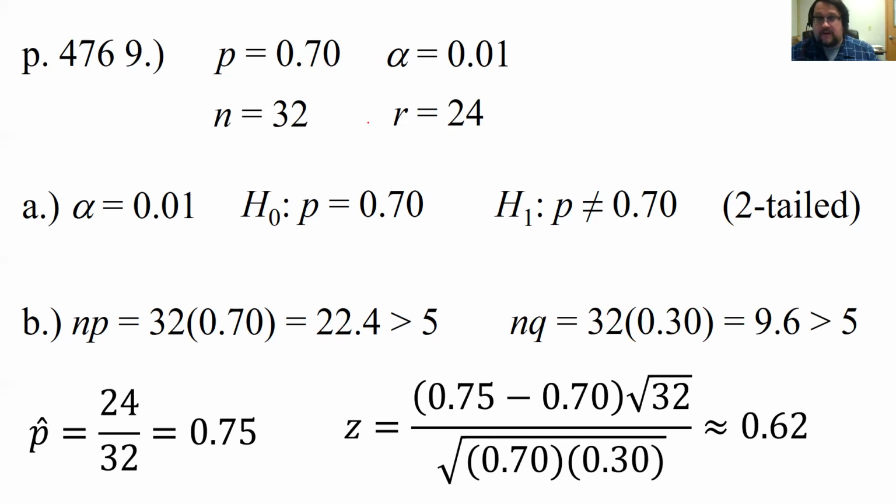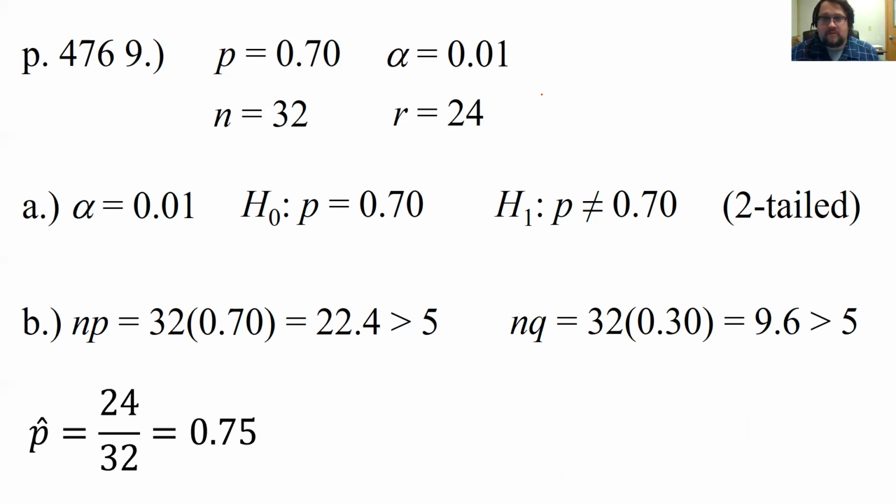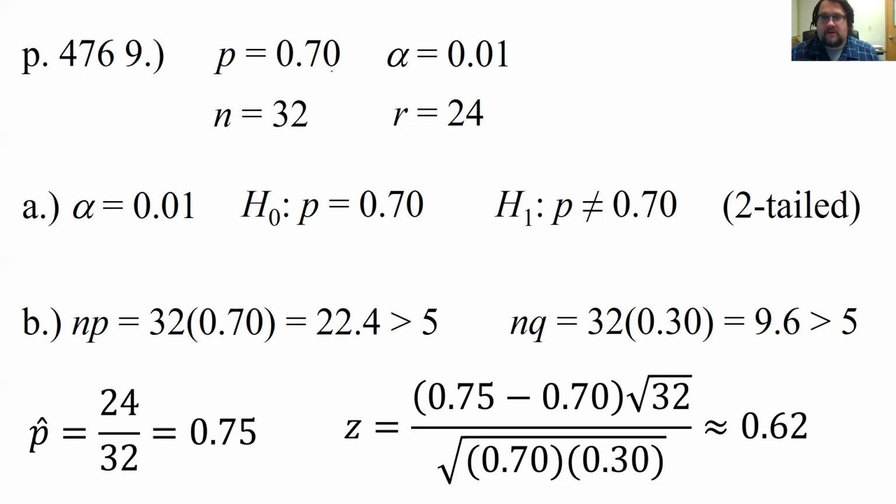To go from 0.62 and more extreme would be to go that way, but of course my table isn't set up to do that. So I'm going to do 1 minus the probability that z is less than or equal to 0.62.